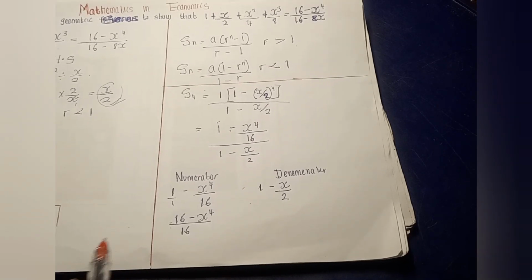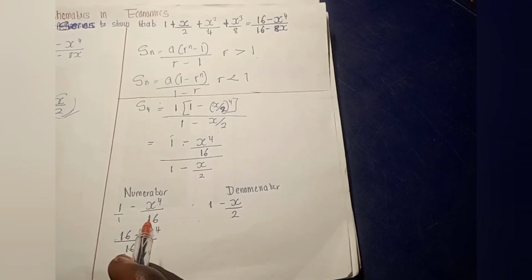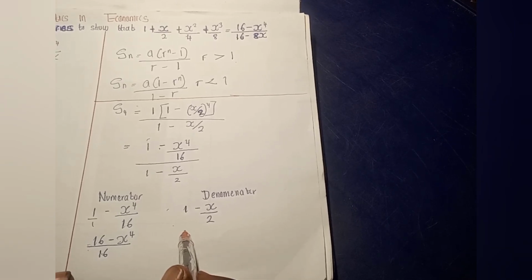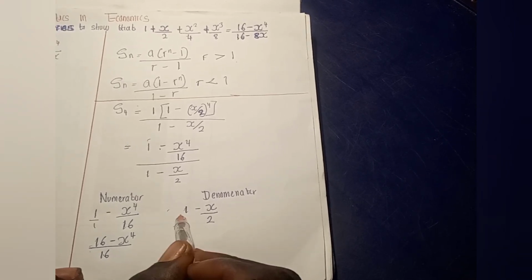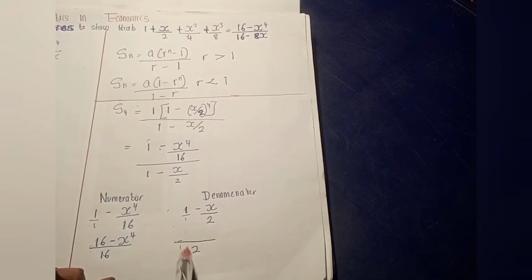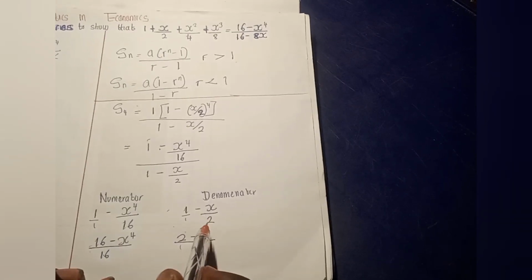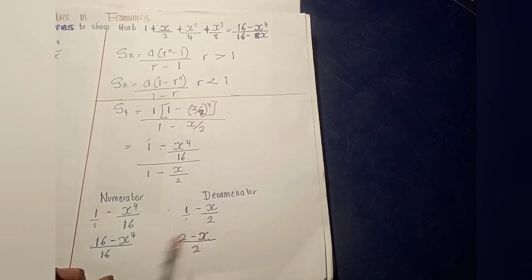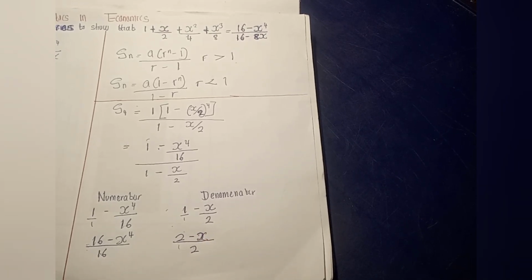If I want to find the LCM of this, let me put this over 1. LCM is 2. So 2 divided by 1 is 2, 2 times 1 is 2, minus 2 divided by 2 is 1, 1 times minus x is minus x. So I have solved the numerator, which is this, and I have solved the denominator, which is this.